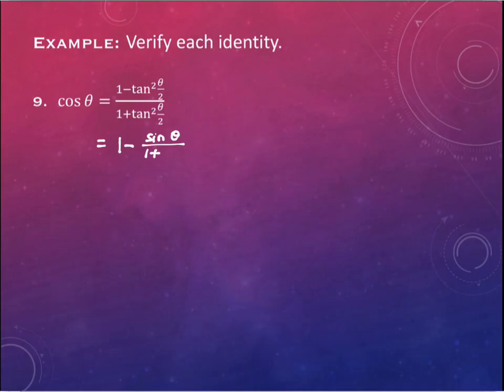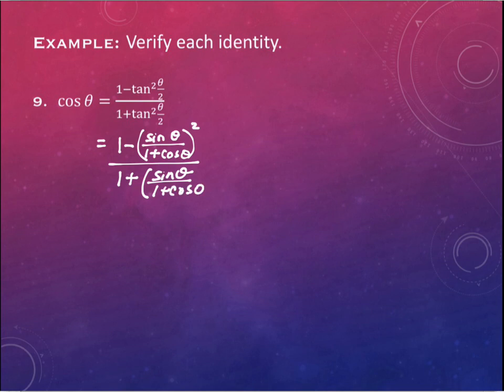Yeah, plus cosine of theta. And this is squared. Maybe we did want those square roots. We might change our minds. Plus, because I forgot those were being squared, sine of theta over 1 plus cosine of theta, squared.